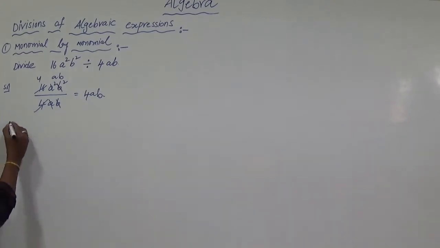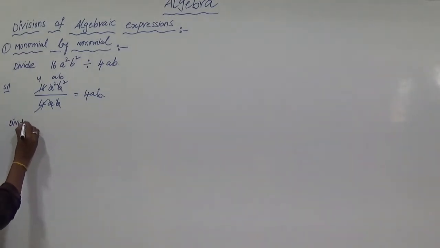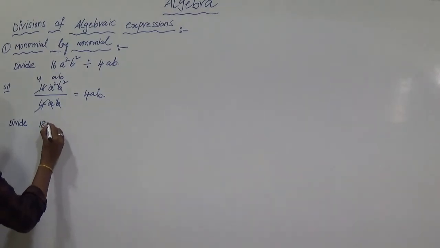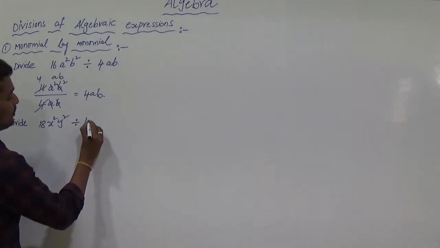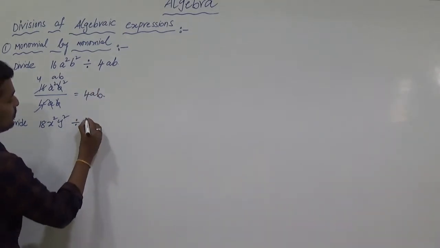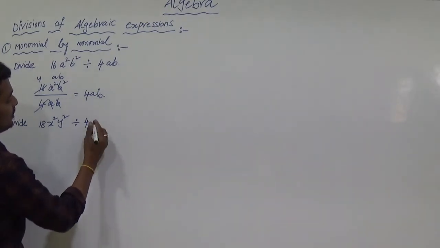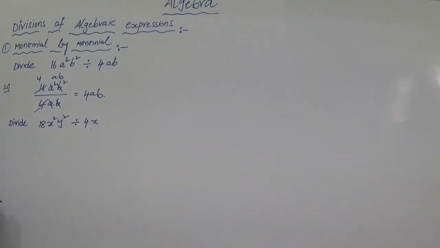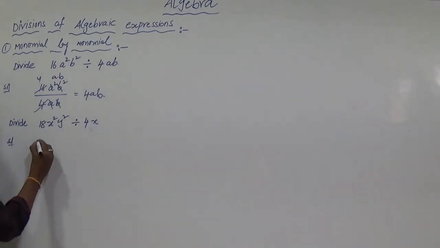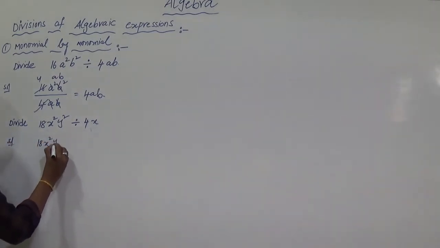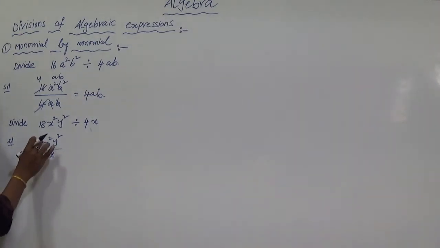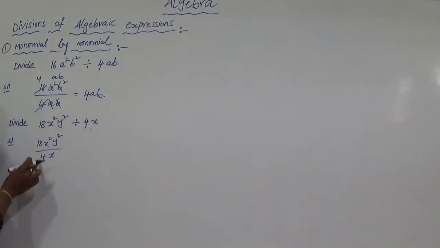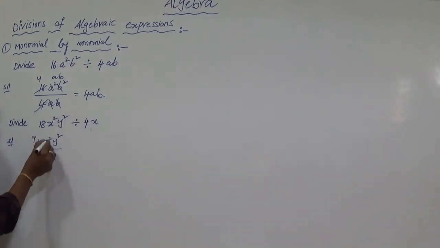Okay. For example, I am giving you one more problem in this method. Divide 18x square y square by 4x. How can we divide? You can do it directly. That is 18x square y square by 4x. 18 is not exactly cancelled by 4, so we cancel by 2: 2 times 9 is 18, and 2 times 2 is 4. x cancels with x square, leaving x.